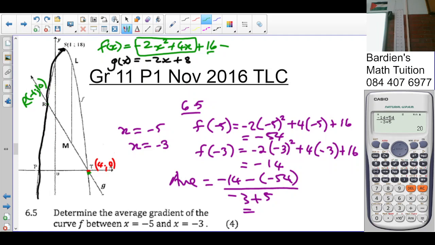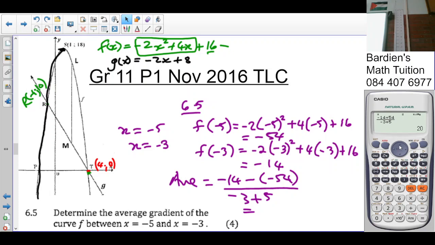Okay, so we got negative 54 plus 14 in your numerator. I got 20. The answer is 20 in both cases.